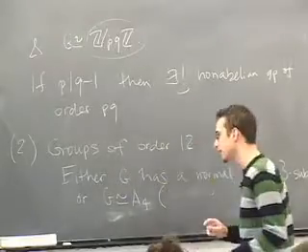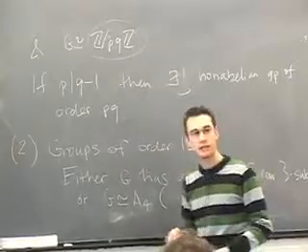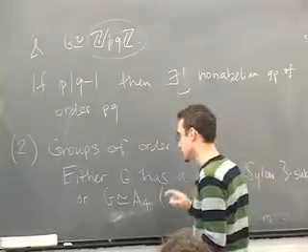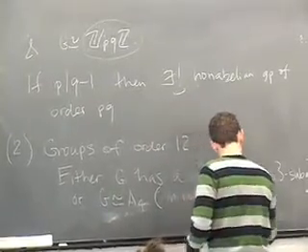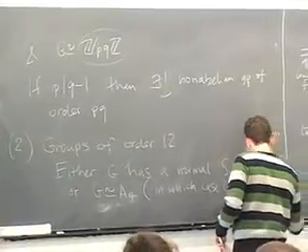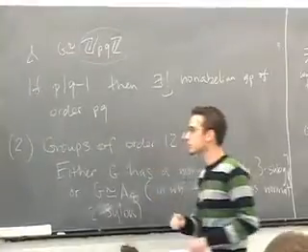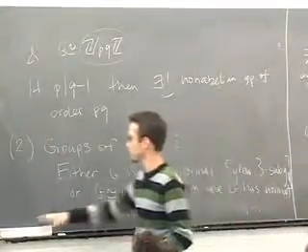So you're guaranteed, in cases where your group has order 12, at least some normal Sylow subgroup. So this is good. The theme here so far is that we get these normal subgroups.